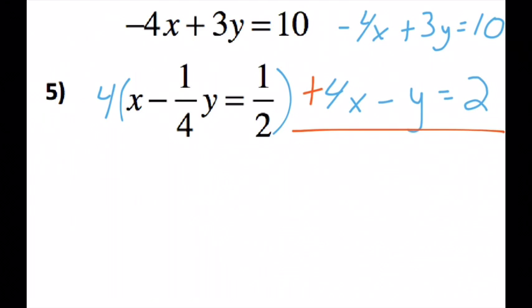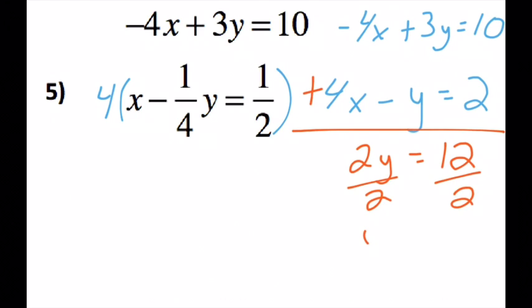Now we can add them together. So now I have a negative 4x plus 4x, which is 0. 3y plus a negative 1y, which is 2y, equals 10 plus 2, which is 12. Divide both sides by 2, and y equals 6. So I know that the y value in our ordered pair is 6.